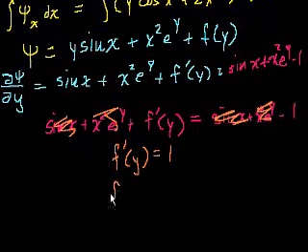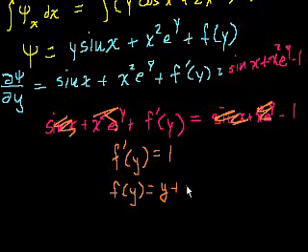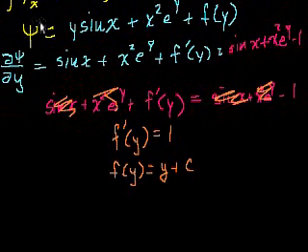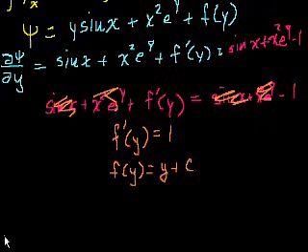And then we're left with f of y is equal to, well, it equals y plus some constant c, right? So what is our xi now? We wrote our xi up here, and we had this f of y here, so we can rewrite it now. So xi is a function of x and y. We've pretty much almost done solving it.